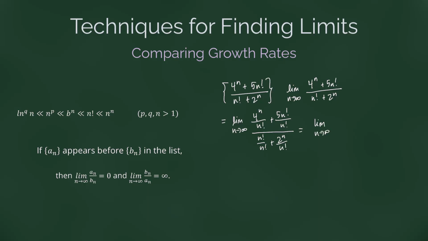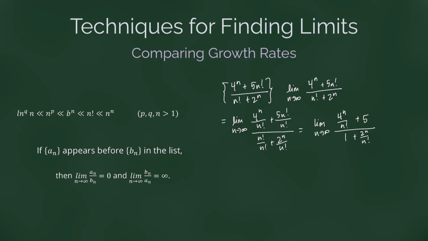So we have 4 to the n over n factorial on our top left, but the top right just becomes 5. And then on the bottom, n factorial divided by n factorial is 1, and we have 2 to the n over n factorial.